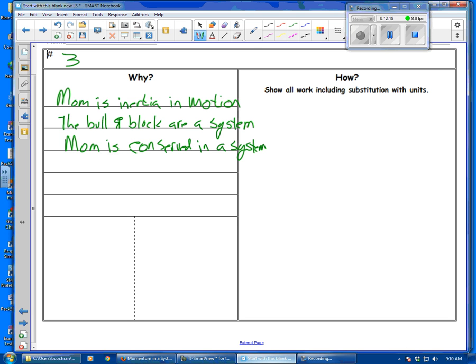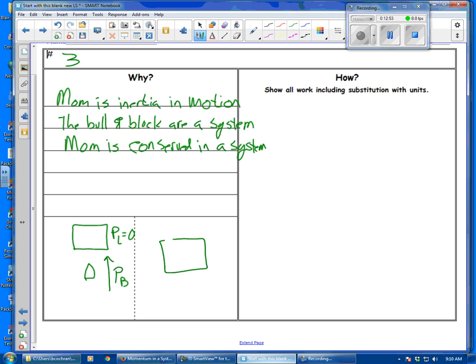All right, so here's my diagram. I'm going to have my bullet and my block, and that's going to be the momentum of the bullet, which I'm going to call B, and then the momentum of the block, which I'm going to call L, is 0.